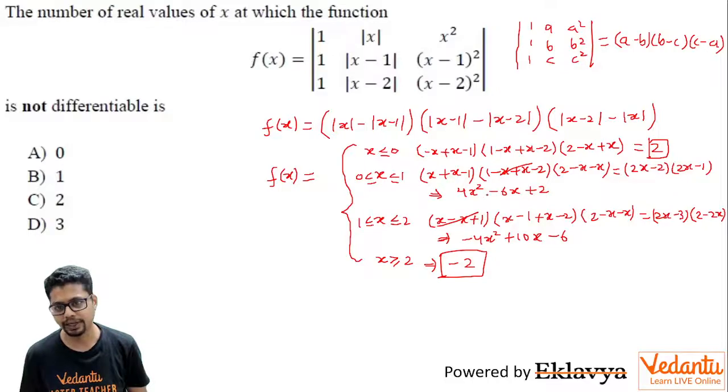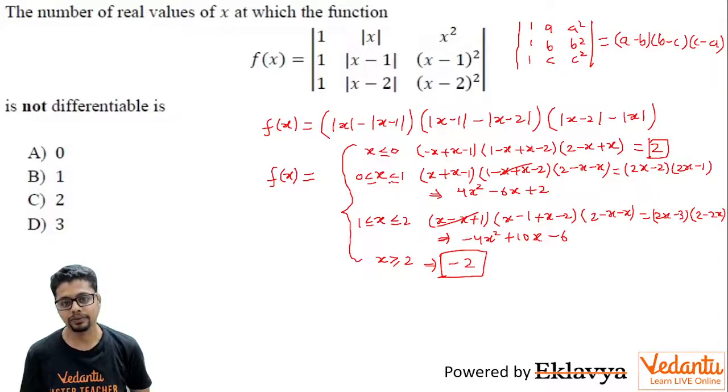You can check it out. At 0 you are getting 2, makes sense. At 1 you are getting 0, makes sense. At 2 you should be getting minus 2, so you get minus 16 plus 20 minus 6. Yes, makes sense. So mod anyway doesn't disturb the continuity of f of x.